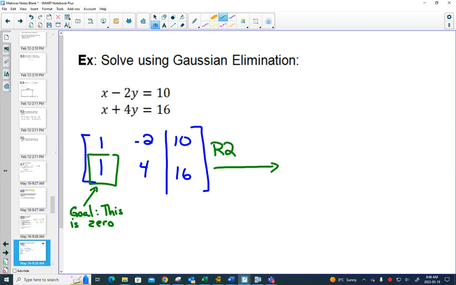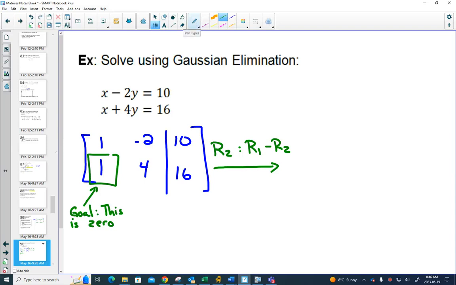Do you want to make a little 2 beside it, or do you like a big 2? That's fine. Okay. We're going to take row 2, and we're going to change it by doing row 1 minus row 2. Oh, I think I like small numbers. It just naturally happened there. Sorry, guys. Making this small now.